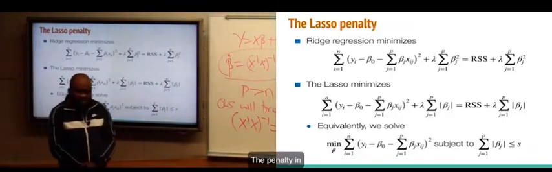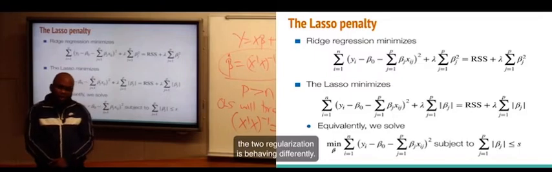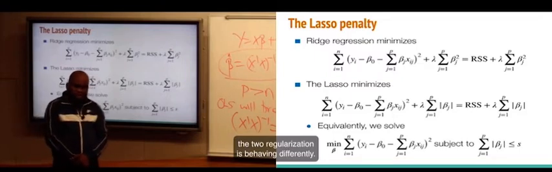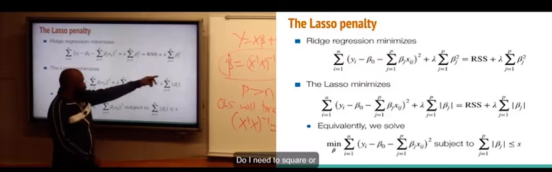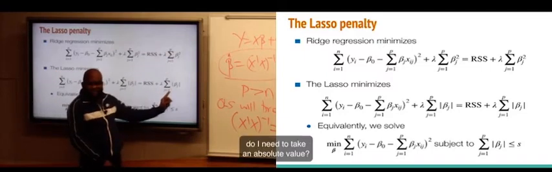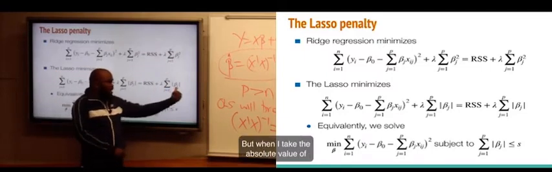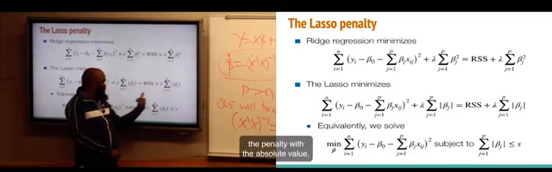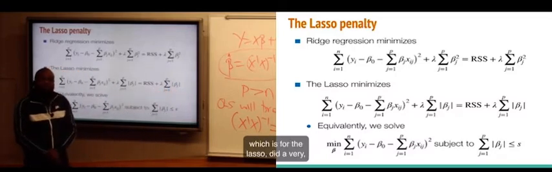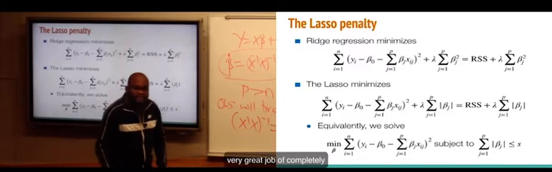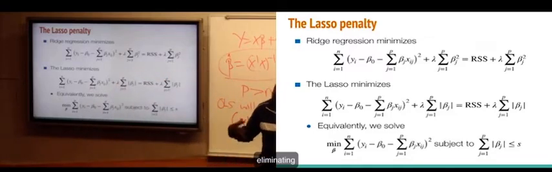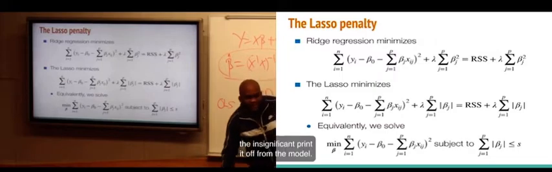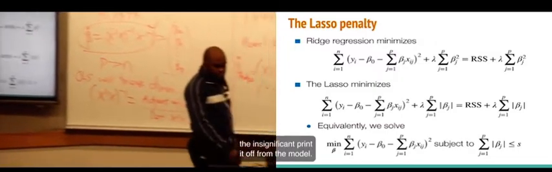That is the reason why the penalty in the two regularizations is behaving differently. Do I need to square or do I need to take an absolute value? When I take the absolute value, the penalty for the LASSO did a very, very great job of completely eliminating the insignificant predictors from the model.